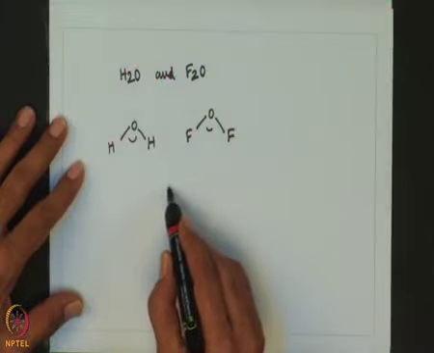As I said, this can also be explained based on the electronegativity of two atoms that make a bond. We can write these molecules in three different ways. Let us see, this is a central atom.